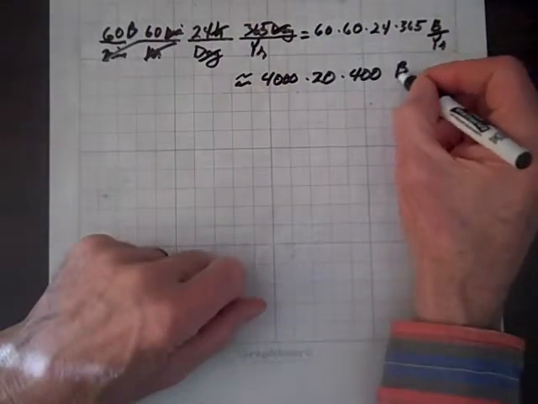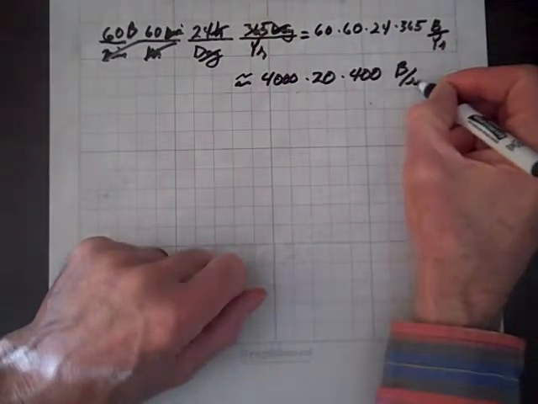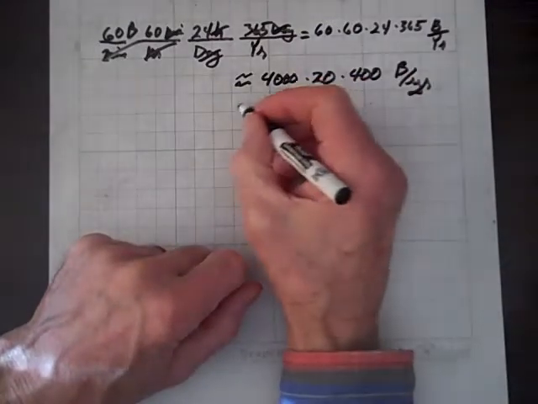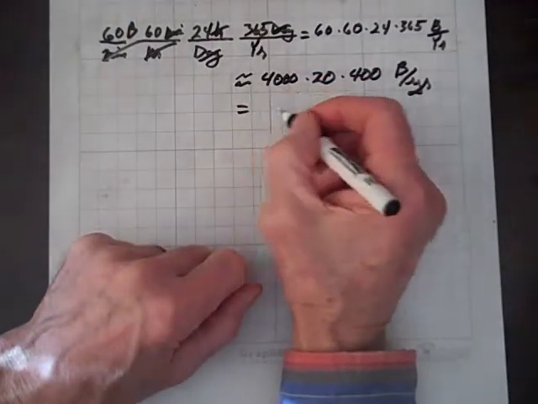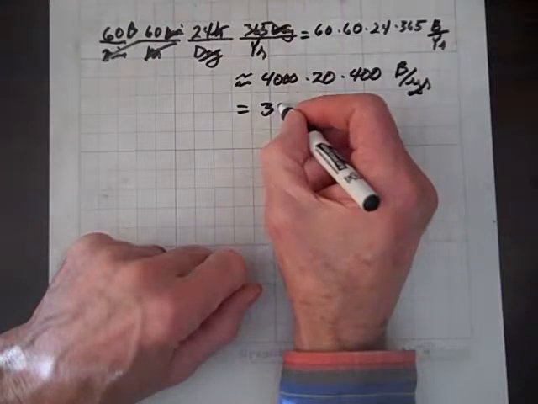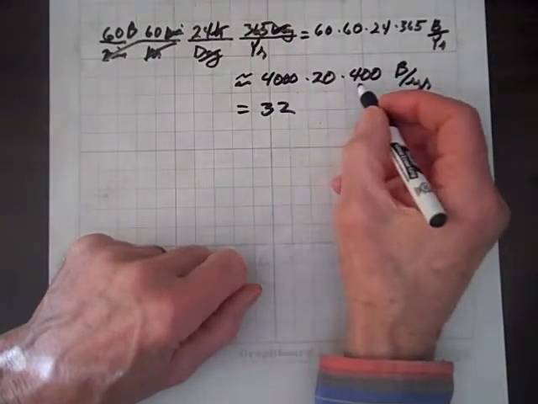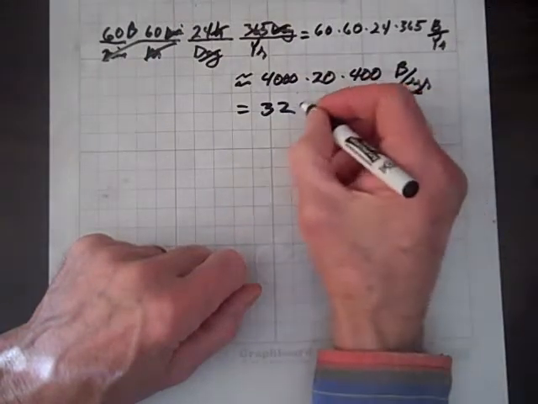So that's beats per year. And so this equals, let's see, 32, and we've got 32 million.